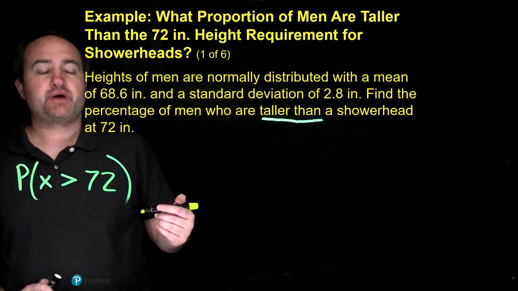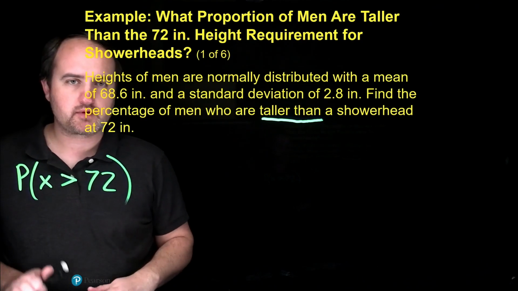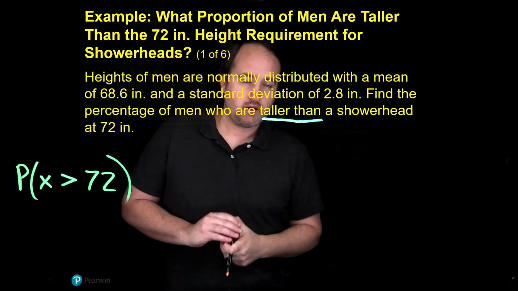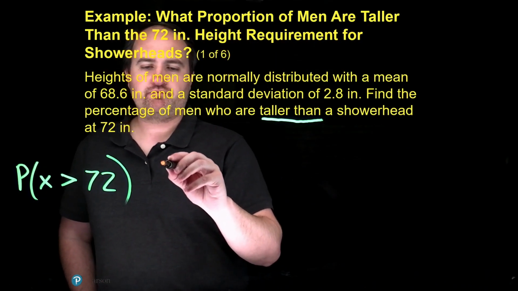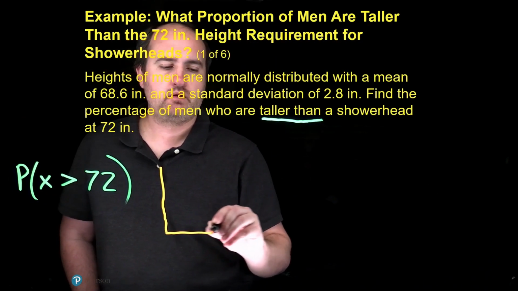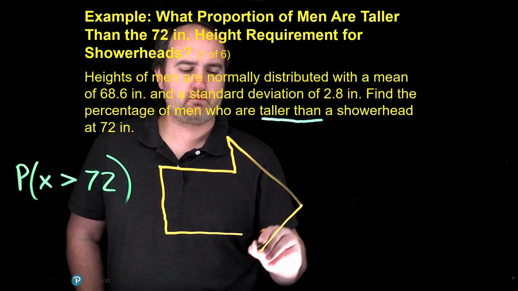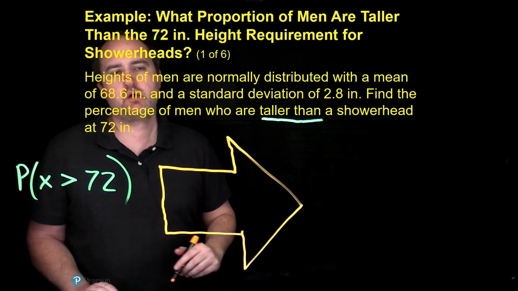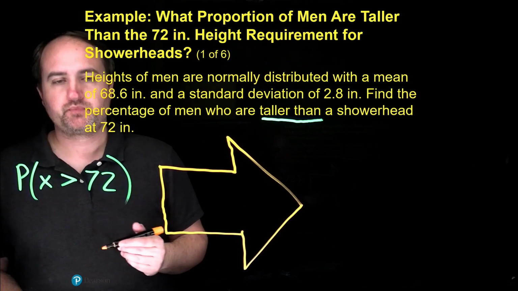But in order to use table A2, as I keep saying over and over again, we have to use the conversion formula. Using the conversion formula, z equals x minus mu over sigma.